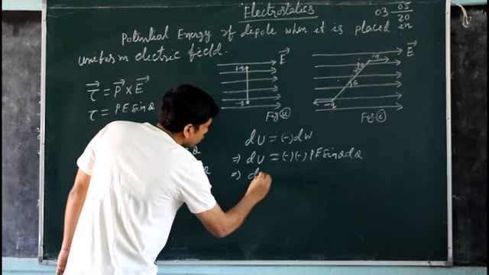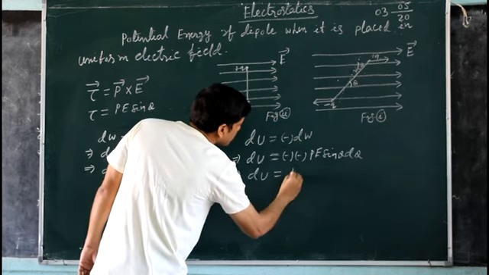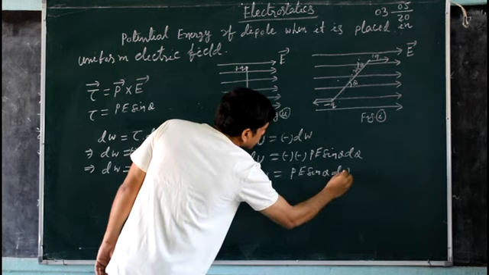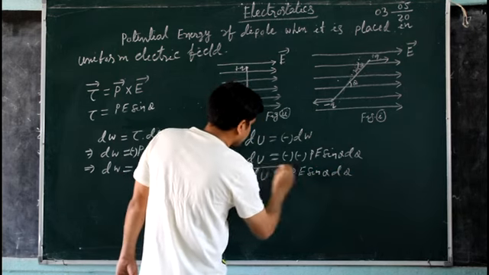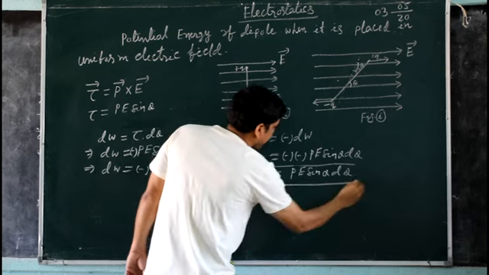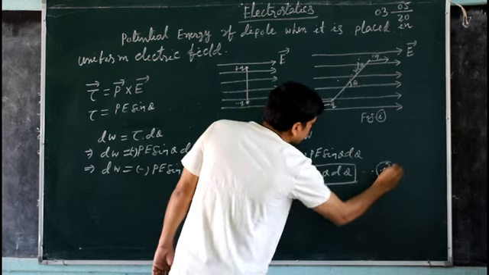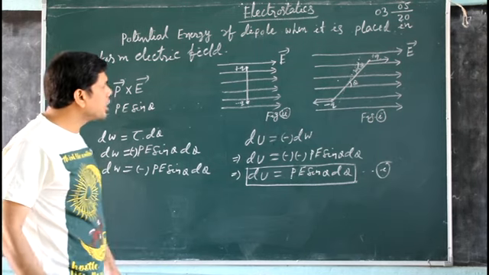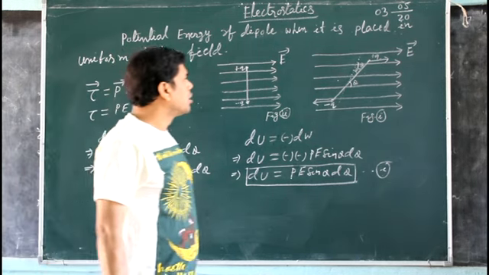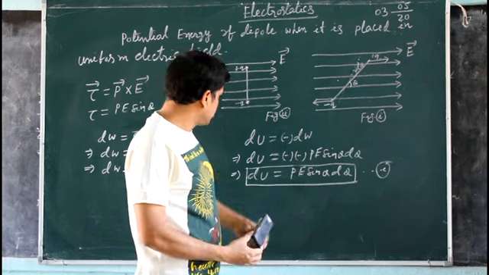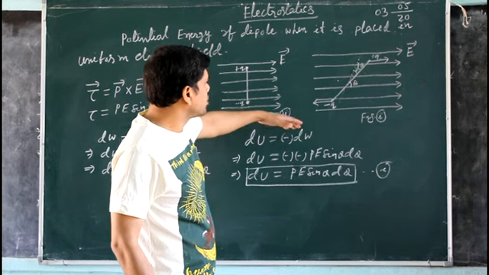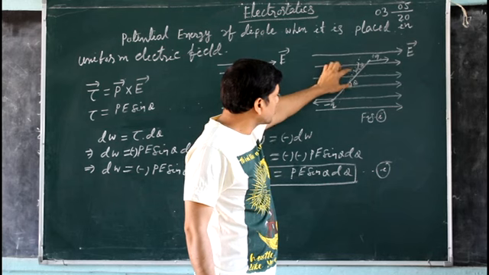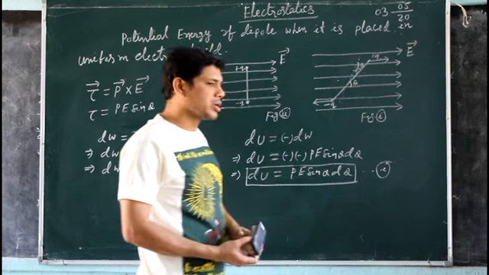So dU equals PE sin theta d theta. Let this be equation number 1. This is the change of potential energy of this dipole when it is given a very small angular displacement d theta.